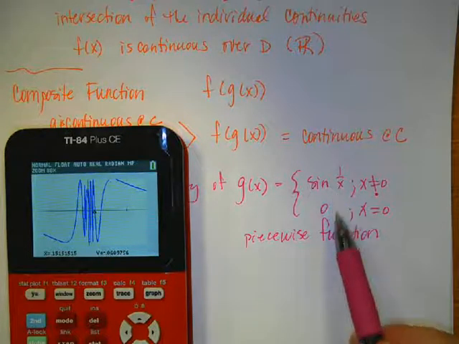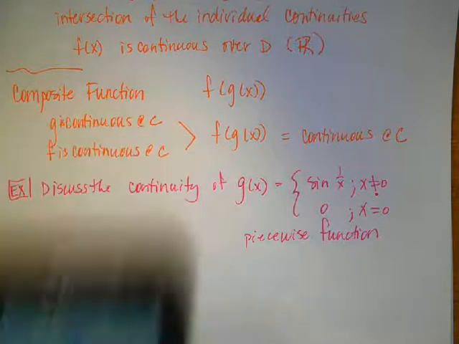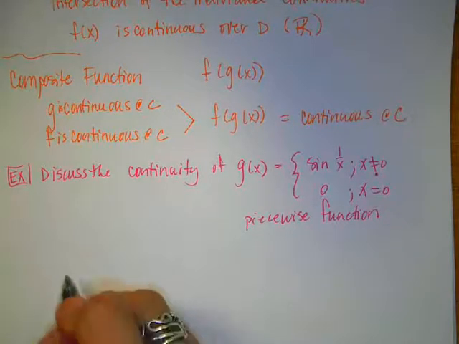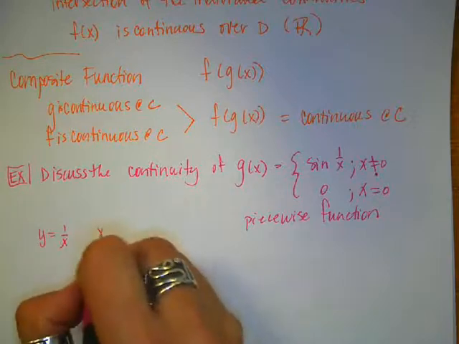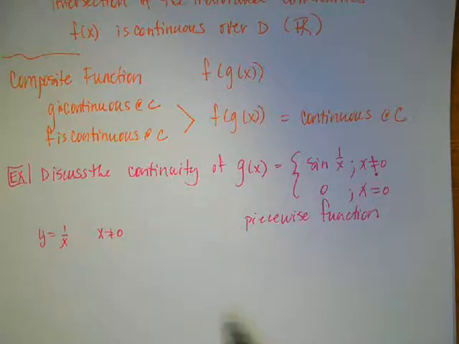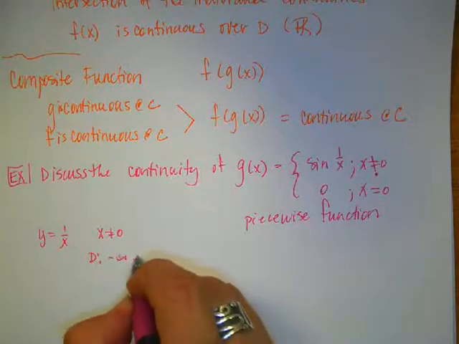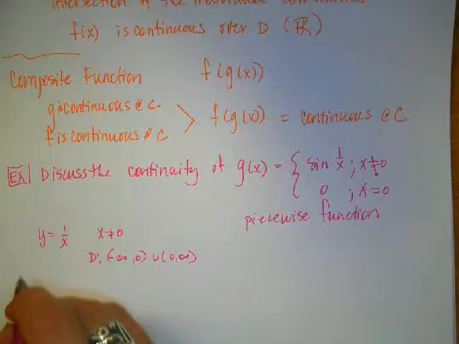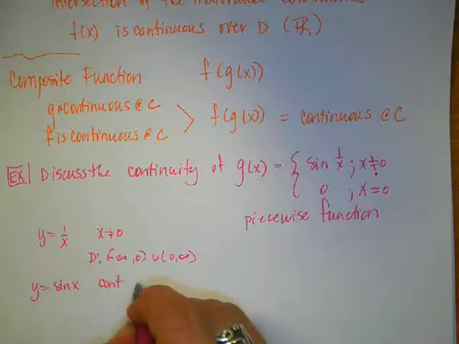Alrighty? So, let's break this into its individual components. If I had y is equal to 1 over x, x can't equal 0, so its domain would be from negative infinity to 0, unioned with 0 to positive infinity. Well, if I look at y is equal to the sine of x, this one is continuous over the reals, and that's, remember, negative infinity to positive infinity.